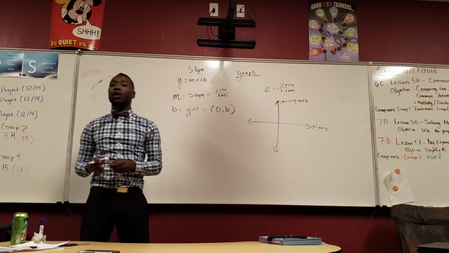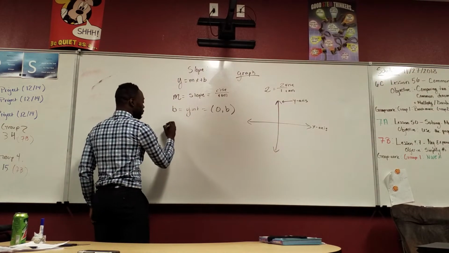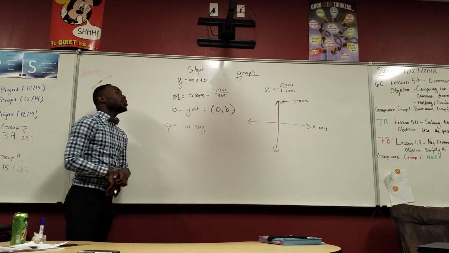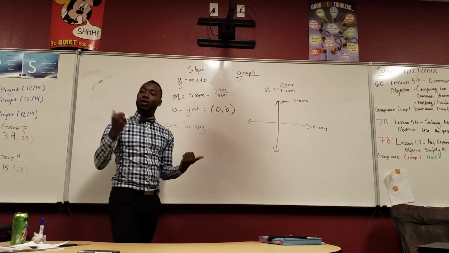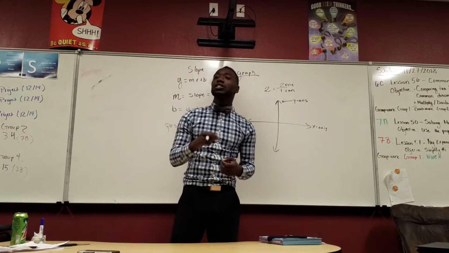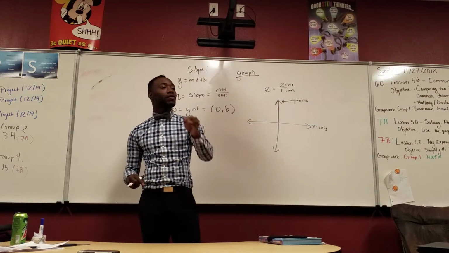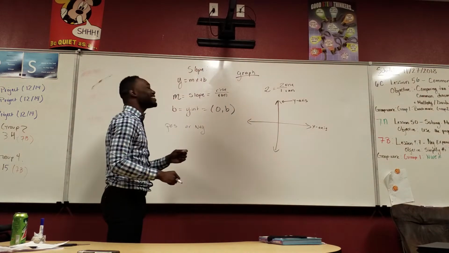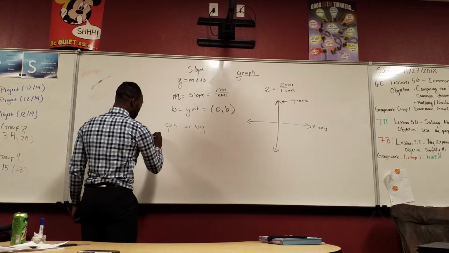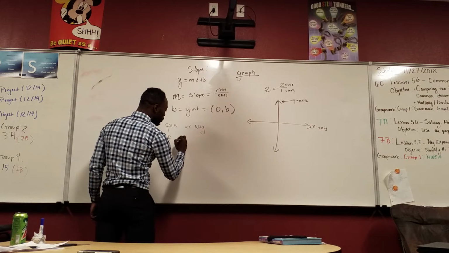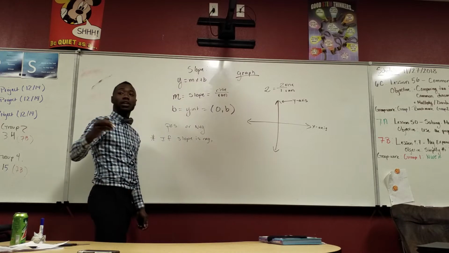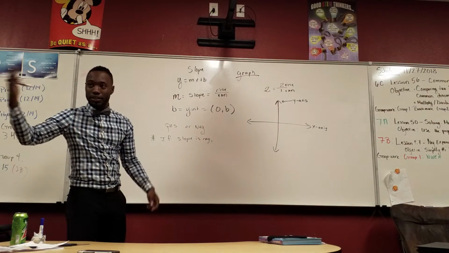The next thing I want to talk about is a positive or negative line. Your line can be positive or it can be negative, and what determines that is the slope. If your slope is negative, then your line will be negative.